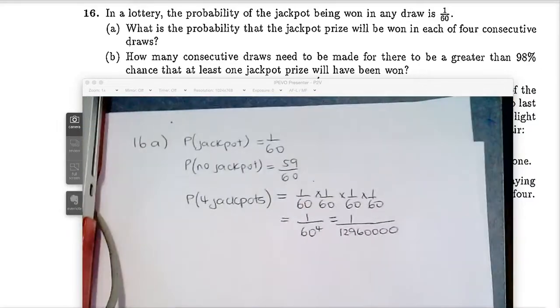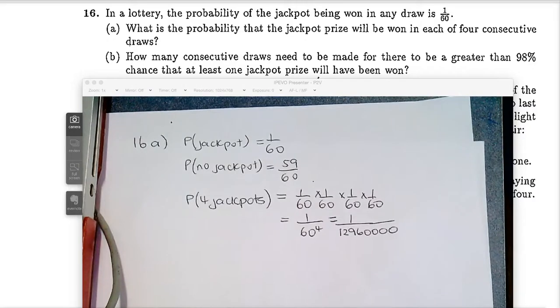So how many consecutive draws need to be made for there to be a greater than 98% chance that at least one jackpot prize, at least, isn't that at least 1 minus none? 1 minus 59 on 60 to the power of n. That's right.